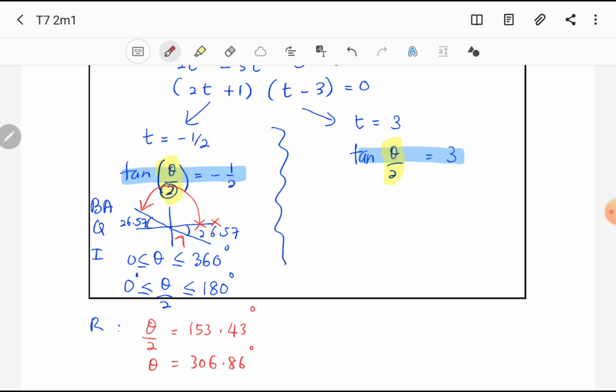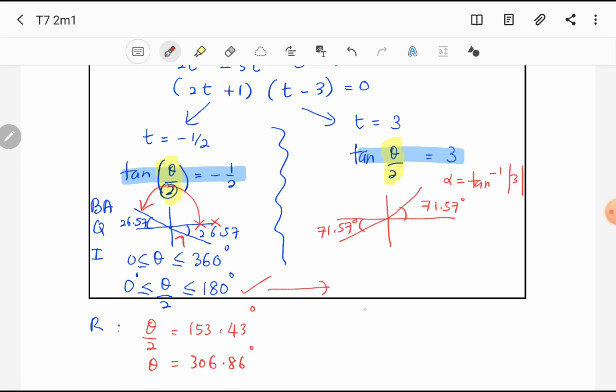Kita akan repeat the same thing for the right part. We draw the quadrant, first and third. Next, find the reference angle, the basic angle alpha, tangent inverse of modulus 3. So awak akan dapat 71.57, this is also 71.57 degrees. Kita akan follow the same interval.